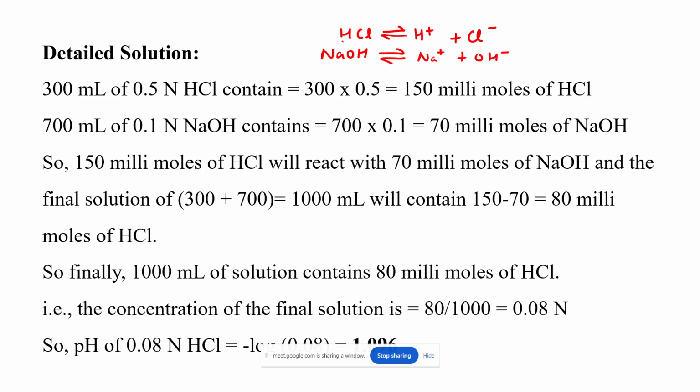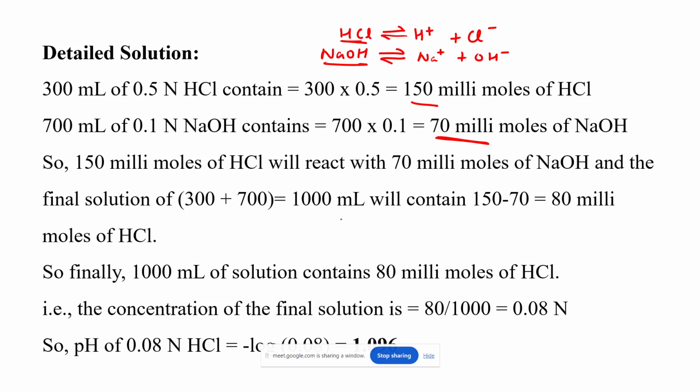So 1 mole of HCl will be able to neutralize 1 mole of NaOH, right? So 70 millimoles of NaOH will neutralize 70 millimoles of HCl. So remaining 80 millimoles of HCl will be there in the solution.